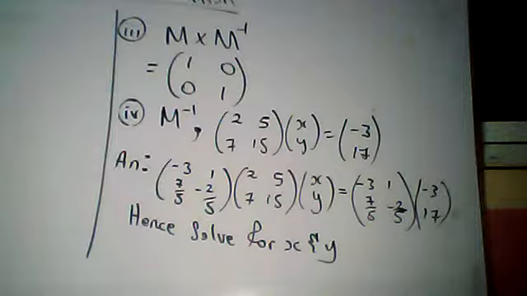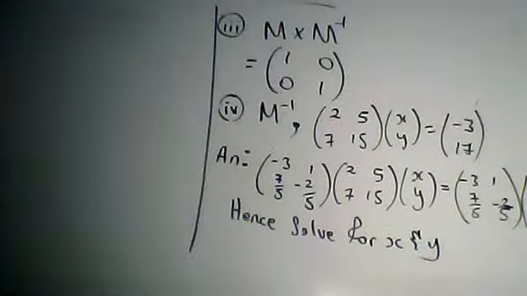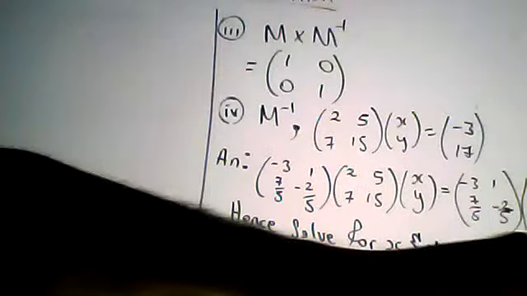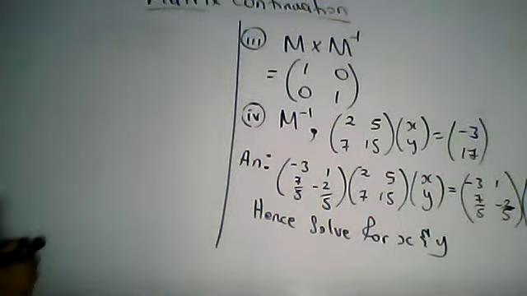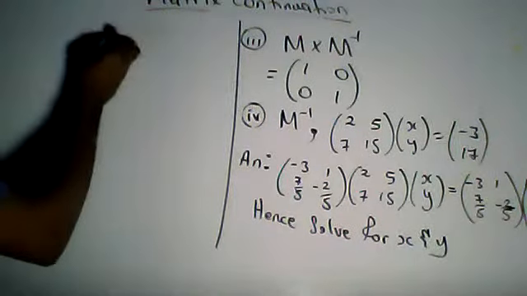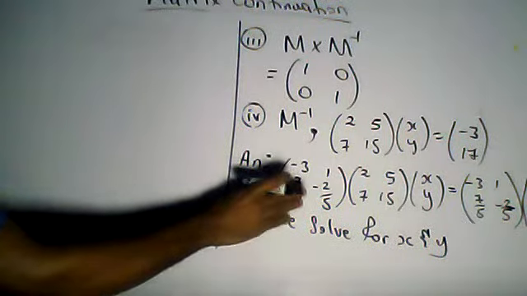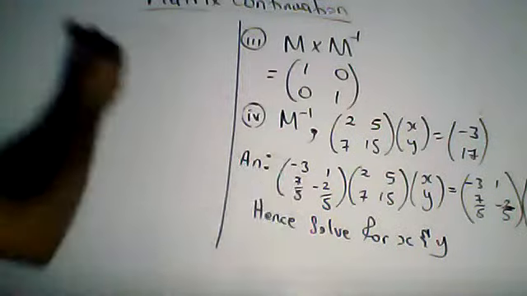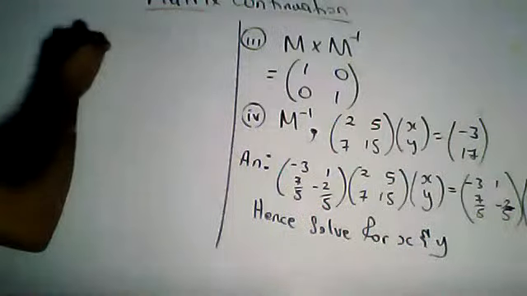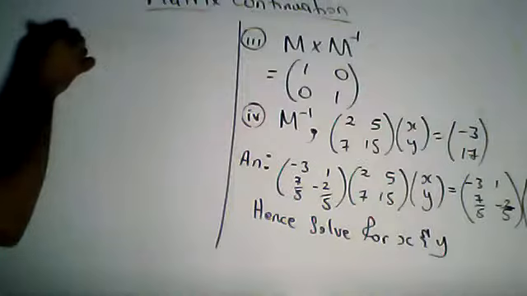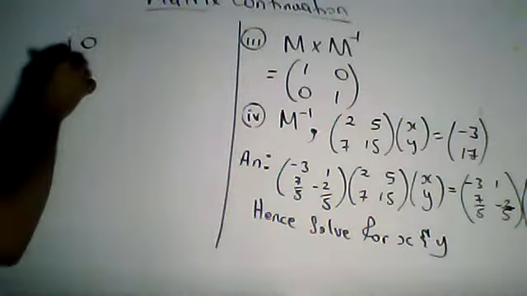All right, so let me just bring the camera up for a few seconds. All right, so after pre-multiplying both sides, there's a hence solve for x and y. Now, to solve for x and y, remember, we're not going to multiply the left-hand side, because we already know that a matrix times its inverse is equal to the identity matrix, which is 1, 0, 0, 1.